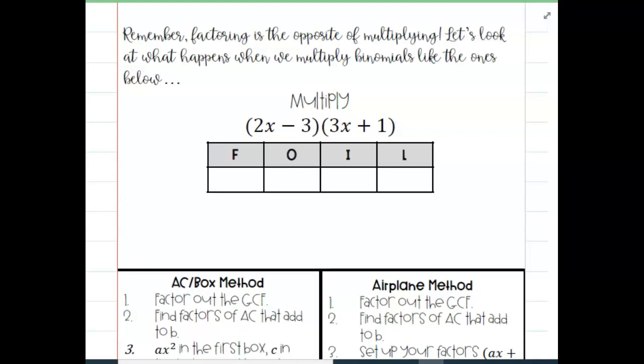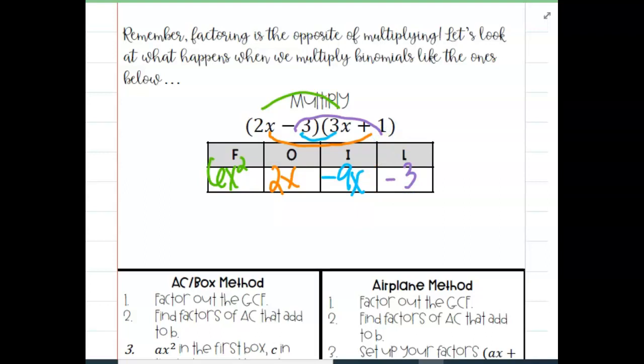It was x times x that was your F. But in this case, my F is 2x times 3x, which is 6x squared. The O is 2x times 1, which is 2x. The I, negative 3 times 3x, is negative 9x. And then the L, negative 3 times 1, is minus 3.